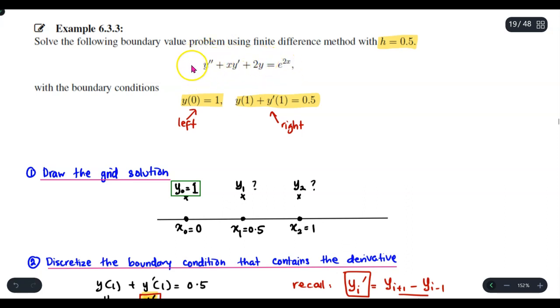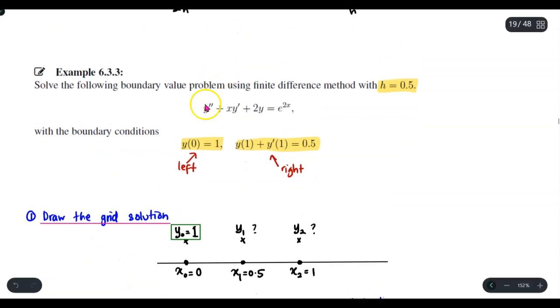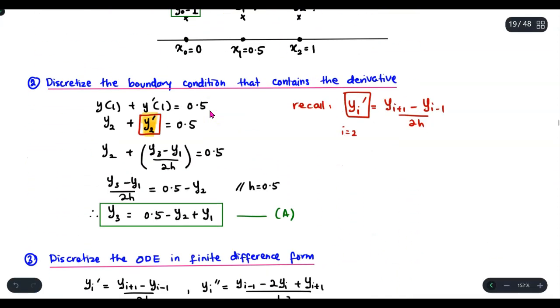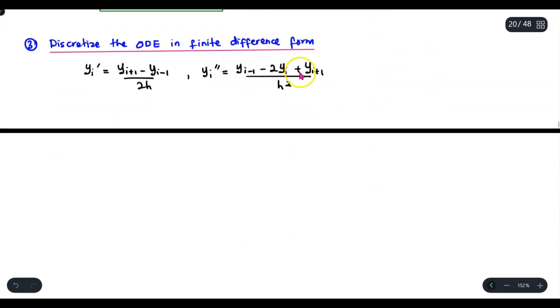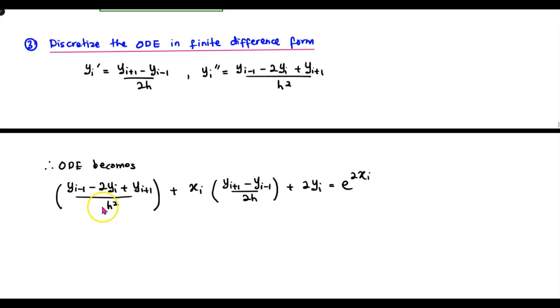So y double prime here you are going to replace with the finite difference formula, as well as for y prime here. So see what happens to your equation. Firstly, you have y double prime. You are going to replace it with the expression on the right over there. So the ODE becomes this.